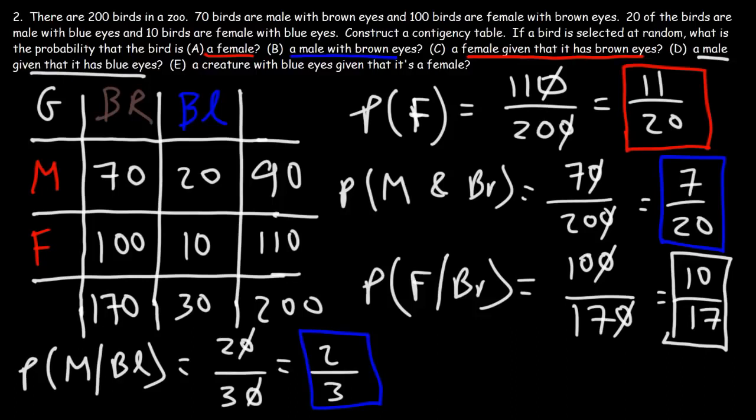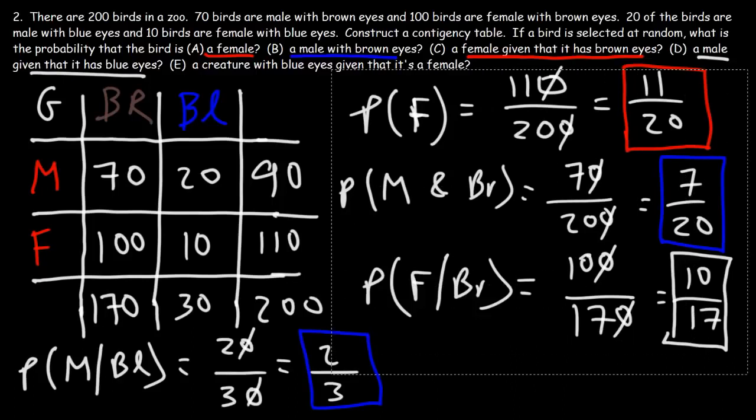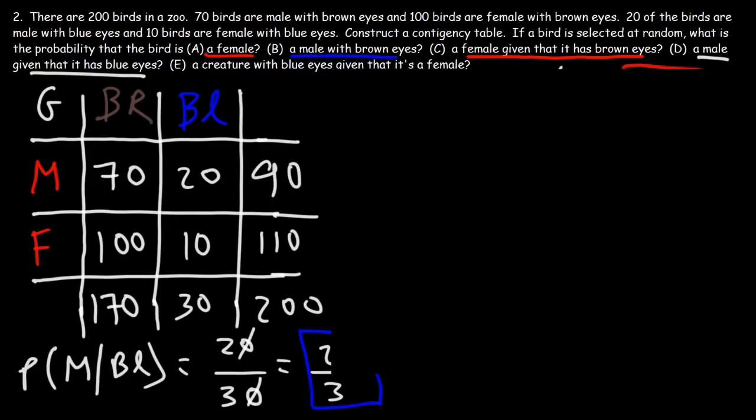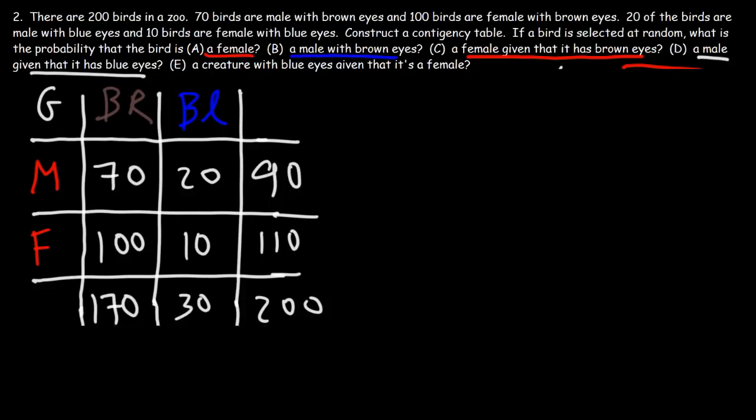Now, before we answer the last question, I just want to clear away a few things because this page is getting crowded now. So the last part, what is the probability that the bird has blue eyes given that it's a female?